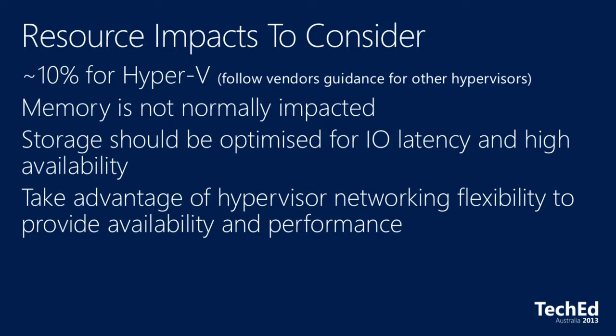But one of the cool things about hypervisors is their flexibility around networking. There's a lot of choices now in VMware and Hyper-V, especially with System Center, around how you might present the network to Exchange and then transport that to your users. Some great options.